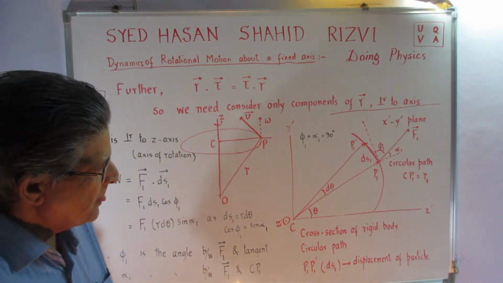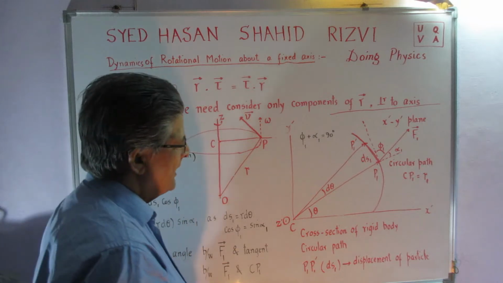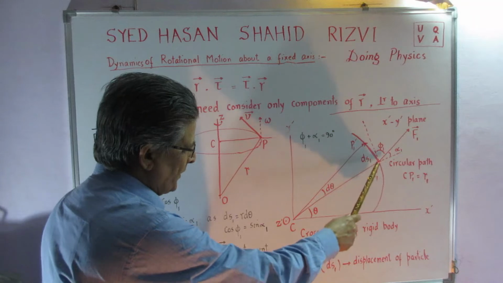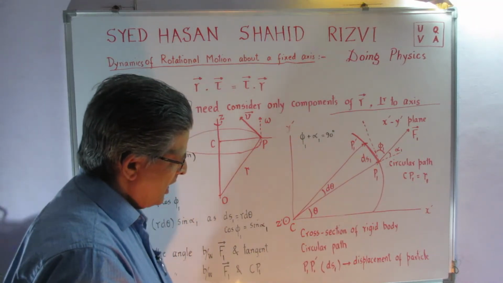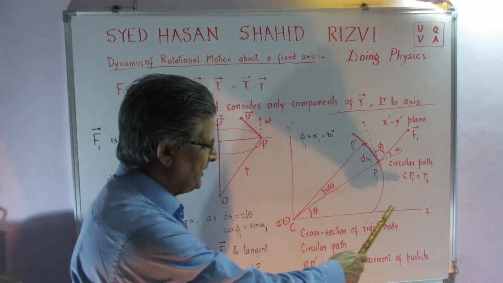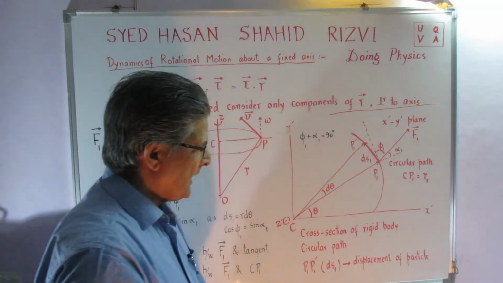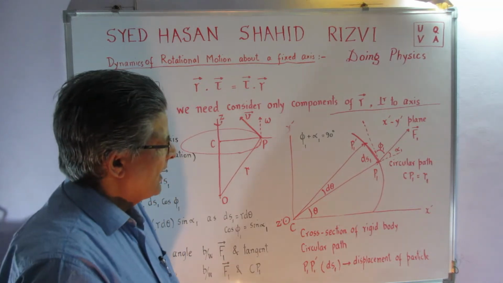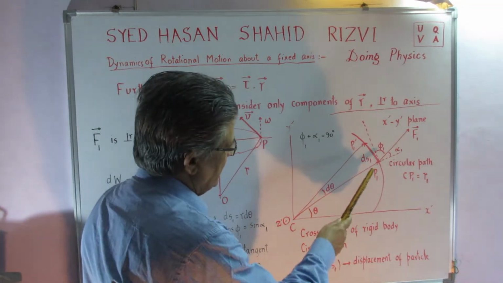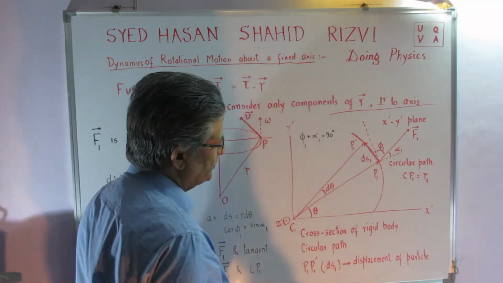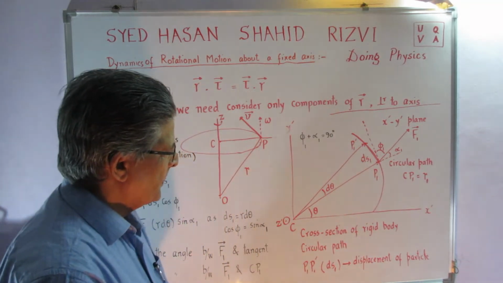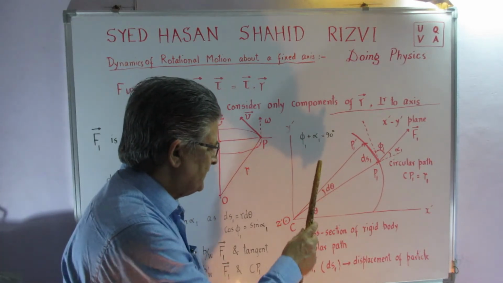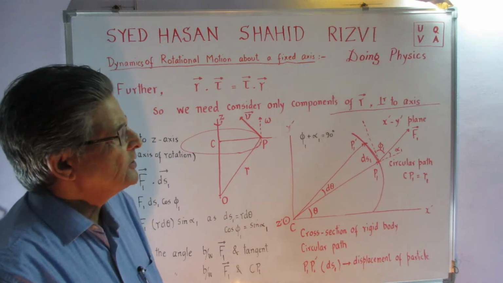We take a particle P1 at this location, and it makes an angle theta with an axis which we write as x dash, and it traverses the path from P1 to P1 dash, traversing an angle of d theta in a given time interval.